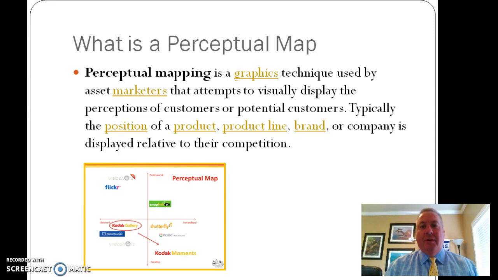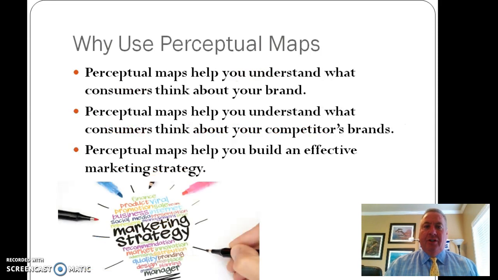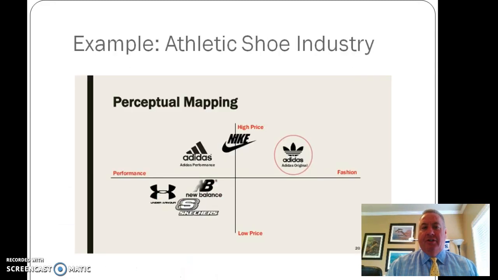And I'll go through one of those. But really, it's used to help you understand what consumers think about your product or your brand. It's used to see what your consumers think about what your competition is, and it really helps you understand and be able to build an effective marketing strategy.